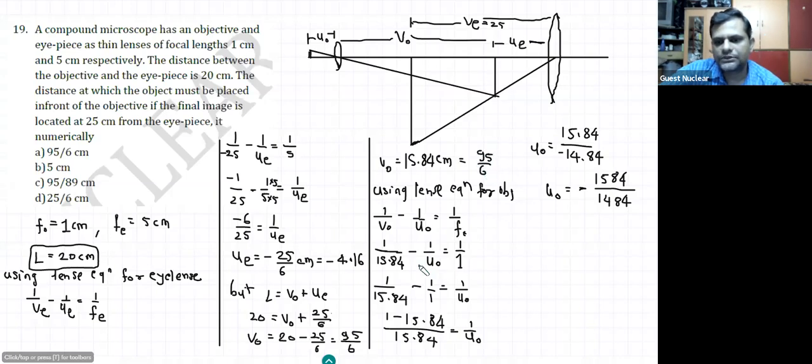And then we can just put it here in place of VO here. यहाँ पे भी अगर हम इस 15.84 को हटा के 95/6 डाल देंगे और फिर उसको सिंप्लीफाई करेंगे तो इट विल बी बेटर.